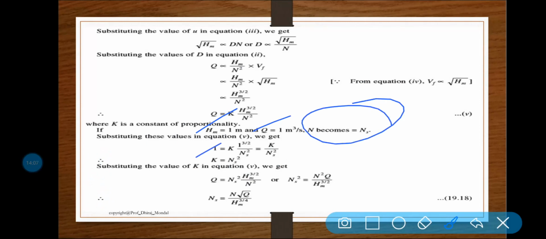So 1 is equal to this equation. Clear? So K is equal to Ns square. So ultimately discharge is equal to Ns square into Hm to the power 3 by 2.